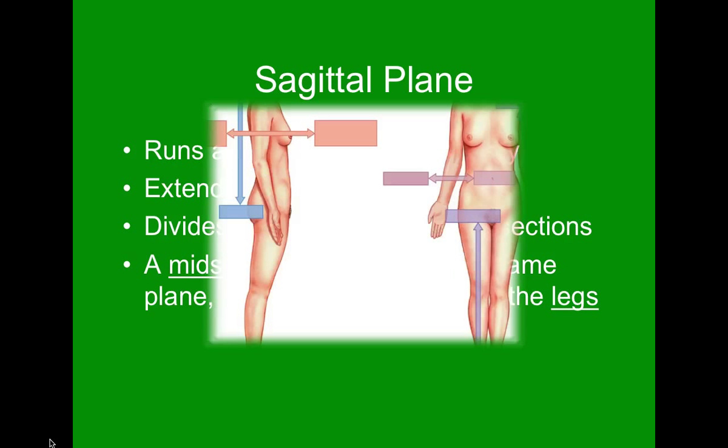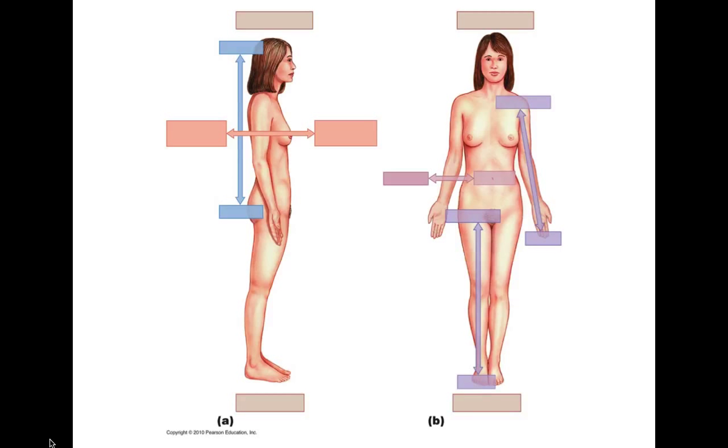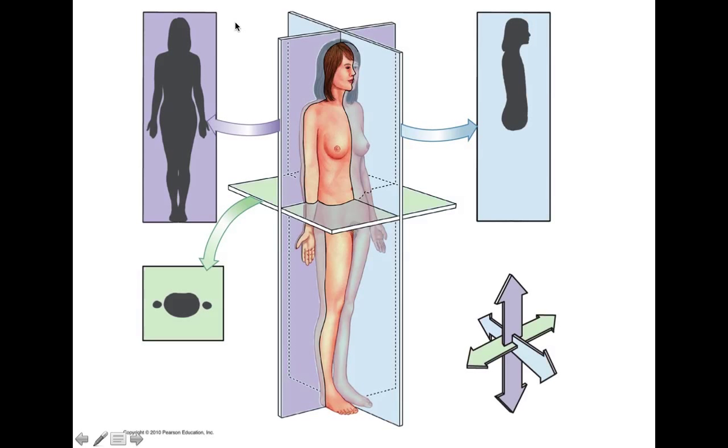Okay, so what we want to do here is actually go through these diagrams in your note packet and label them. So this first one incorporates most of the directional terms that we actually looked at. Alright, so in letter A, up here, this is actually superior.